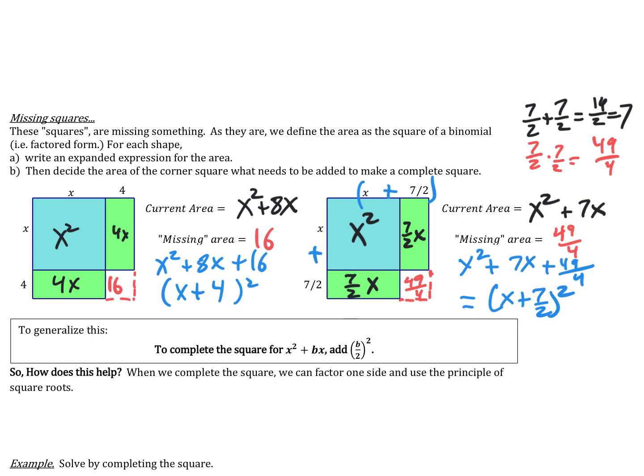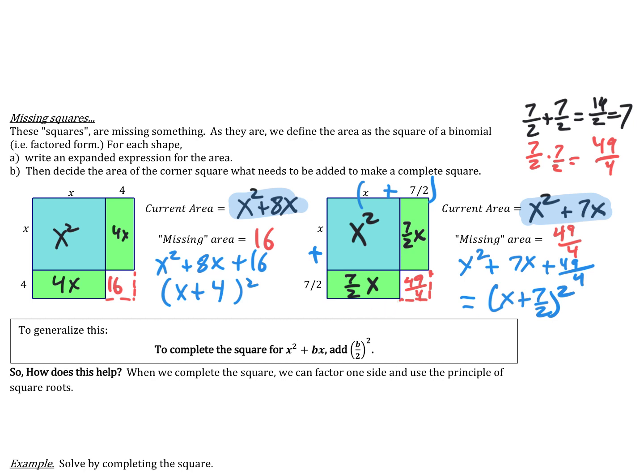Well, to generalize here, if we start with something like x squared plus 7x or x squared plus 8x, what is the thing we need to add? Well, this is 16, which was half of this 8, 4 squared. Here we added 49 fourths. That's half of this 7 squared.